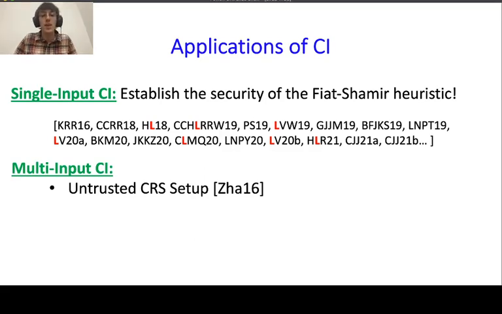They want to agree on a common random string, but they don't trust each other to produce a truly random string. So what you can do is have each party send their own random string and publish it, and then use the hash function to generate an actual common random string given these many inputs. So that's one plausible use case for multi-input correlation intractability.